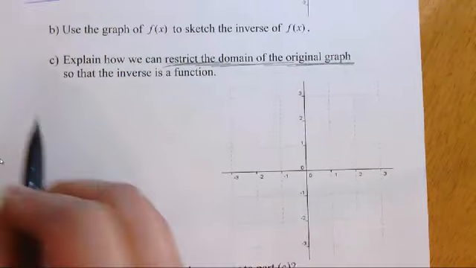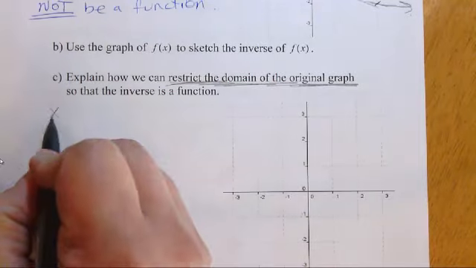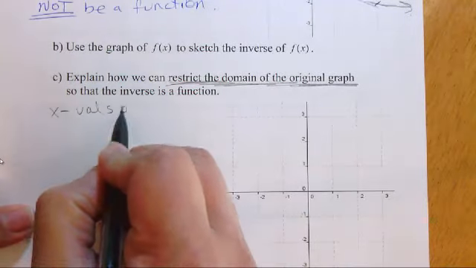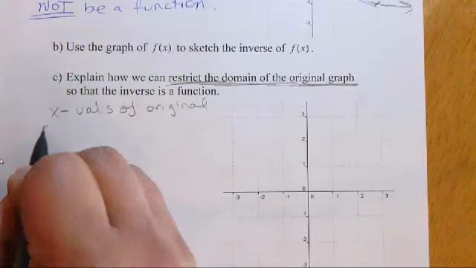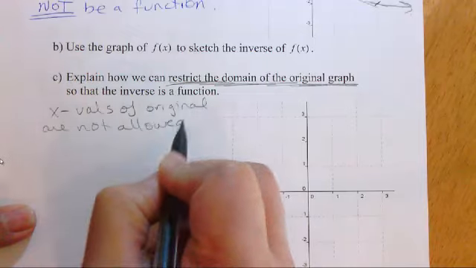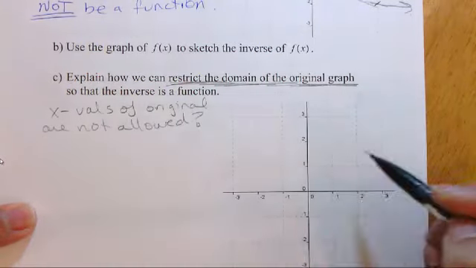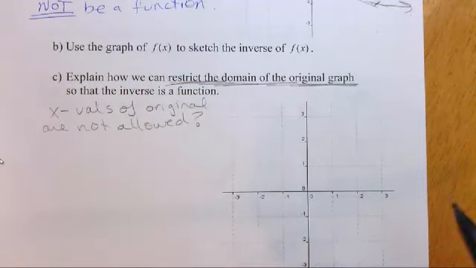So that means which part of the original graph are we going to take away or chop off or get rid of or not allow, which x values of the original are not allowed, in order for us to have the inverse be a function.